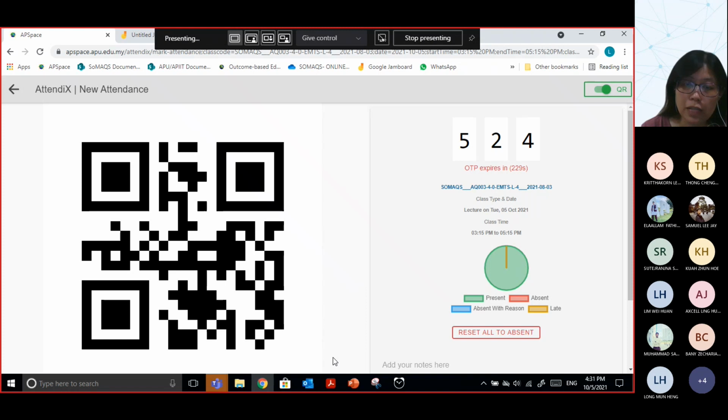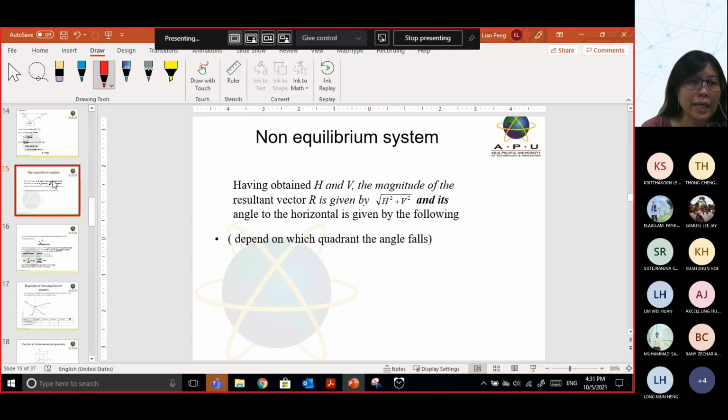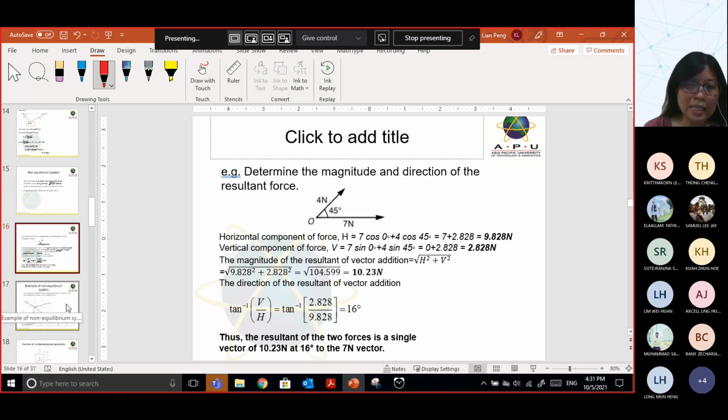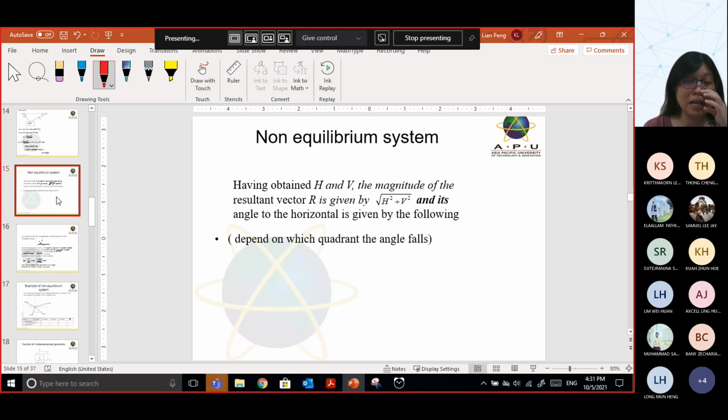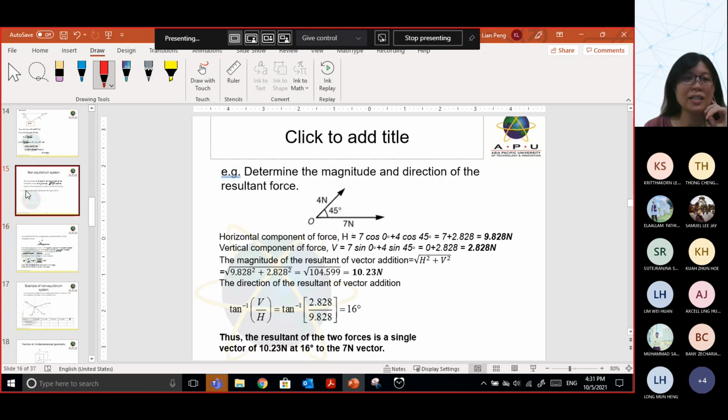Okay, so let's move on to the slide. Just now we dealt with problems in static equilibrium. Now this one is a non-equilibrium system. Let's see how we find the resultant force, the resultant vector.